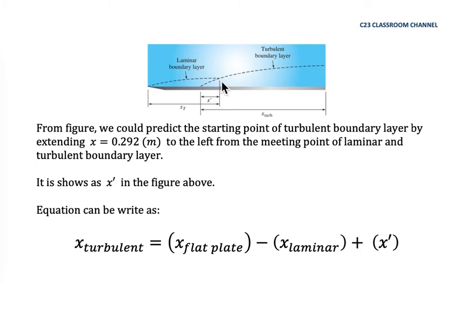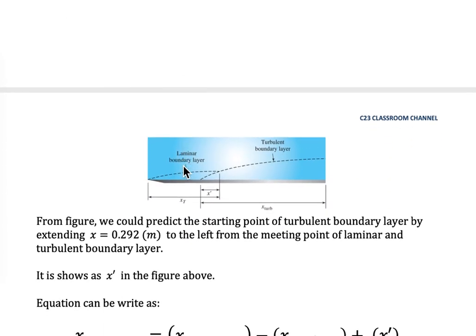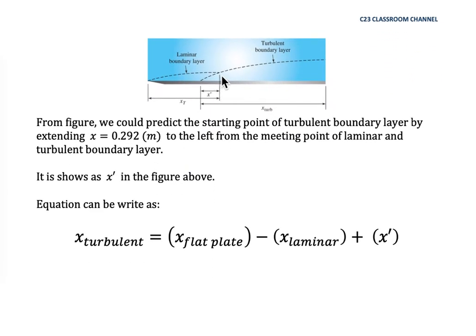This point is also the sharing point of laminar and turbulent. So we could calculate the x here, the distance, if we know the thickness. From the laminar boundary layer thickness, we get around 0.0113 meters. So the thickness here is 0.0113 meters.